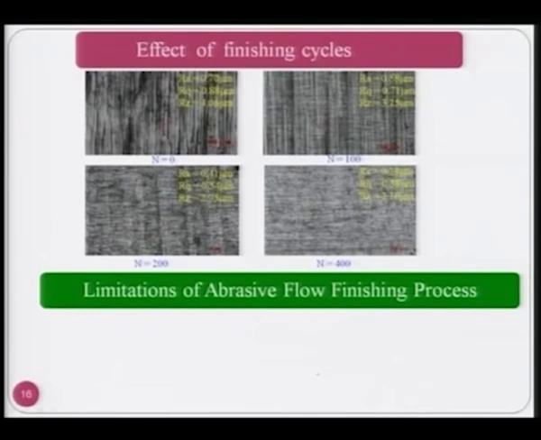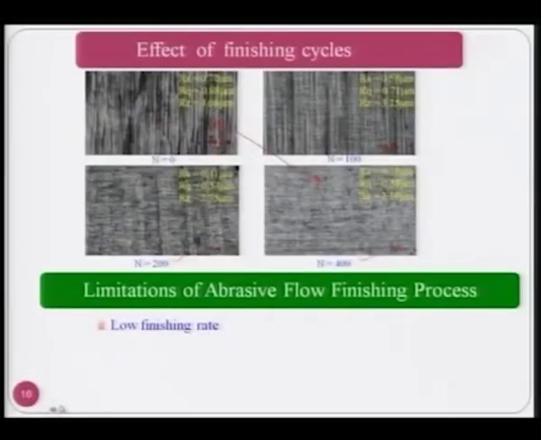If you further continue, then after 200 cycles you get 0.41 micrometer Ra value, and after 400 cycles you get a much better surface finish, as you can compare here between the initial and the final, and the surface roughness value goes down to 0.29 micrometer. So definitely there is an improvement as you keep increasing the finishing cycles, but there is always a limit beyond which you cannot improve the surface finish, and that value is known as the critical surface roughness value, which I have explained in some other lectures already.